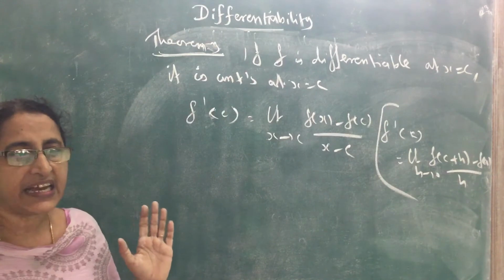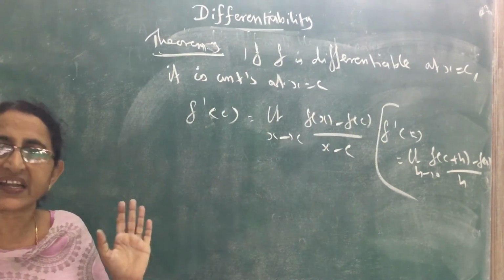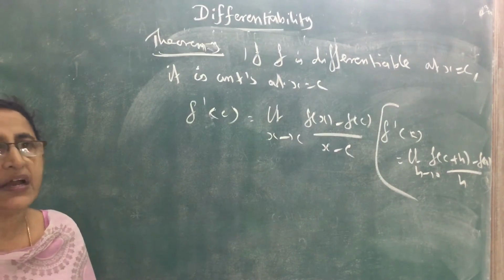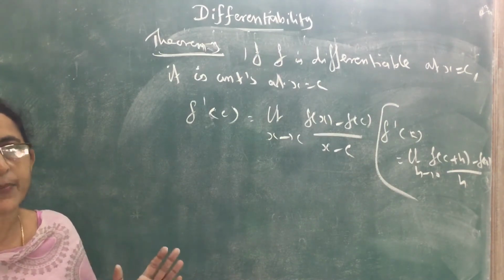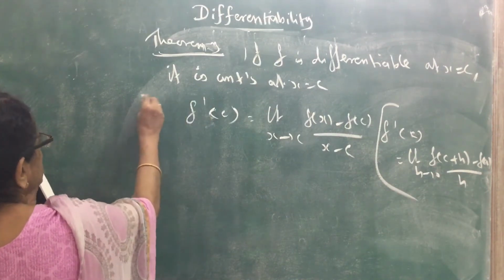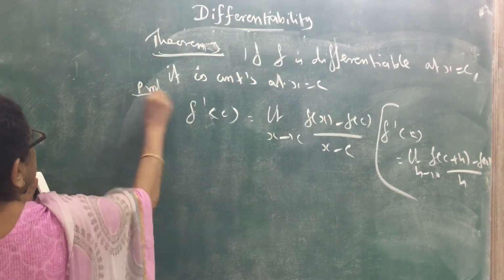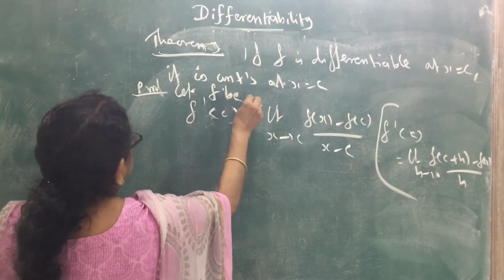Theorem says that if f is differentiable at x equal to c, then the function will be continuous at the point x equal to c. So first we assume that the function f is differentiable at x equal to c.